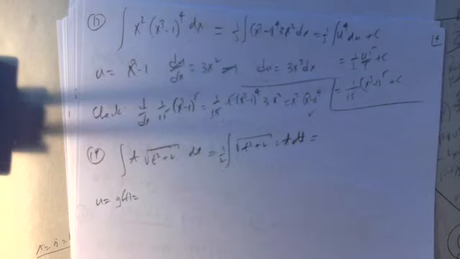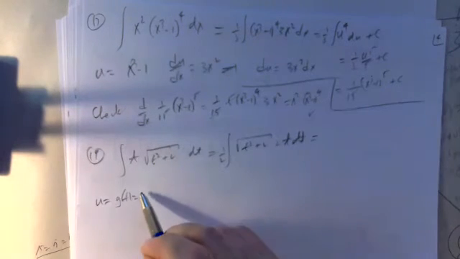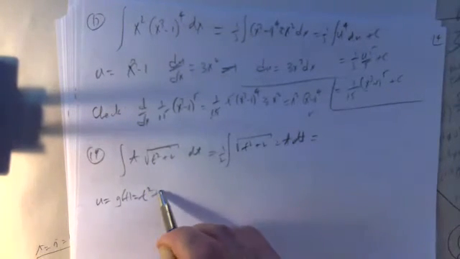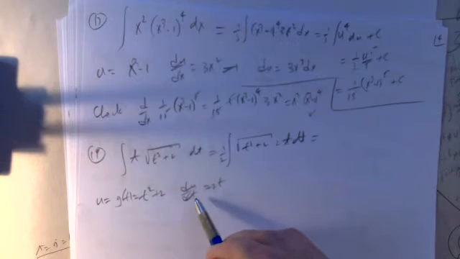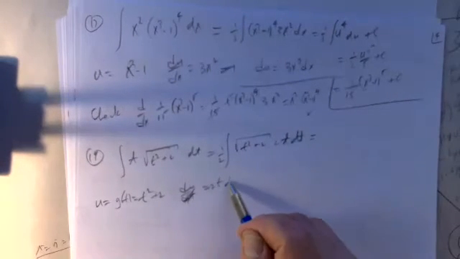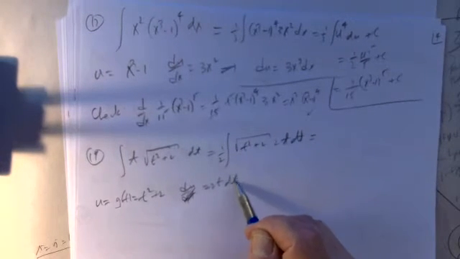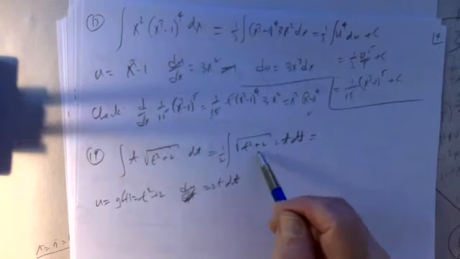t squared plus 2. Okay, so if I let u be equal to t squared plus 2, what is du dt? 2t. So du is 2t dt.